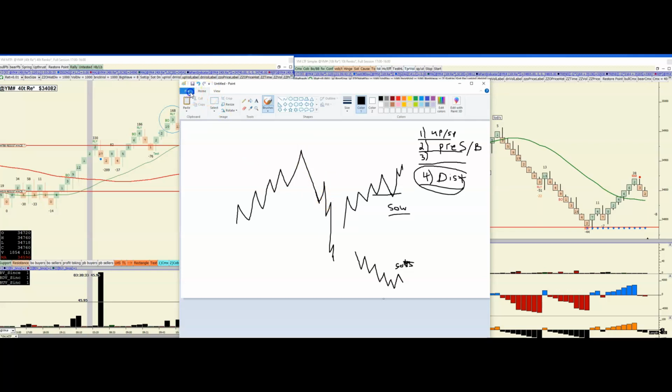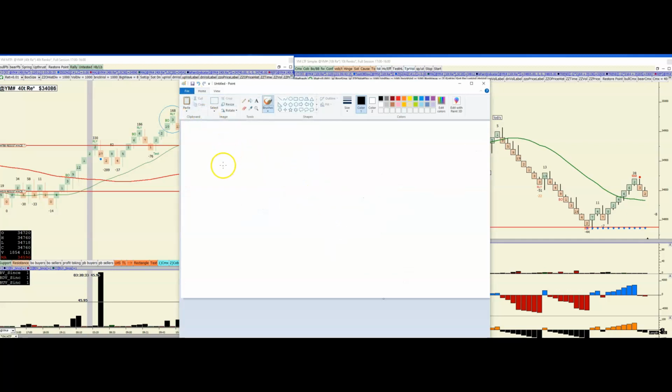All right, so you have to be able to distinguish distribution as well as accumulation, right? In their sign of weakness and sign of strength from just strong selling waves.